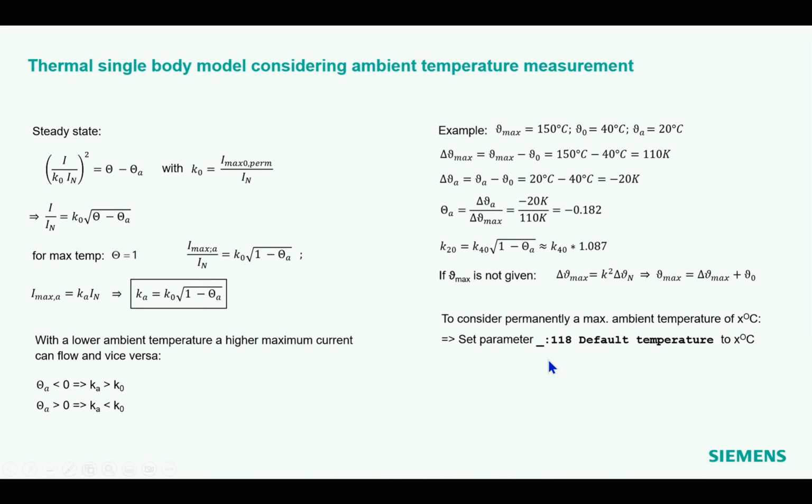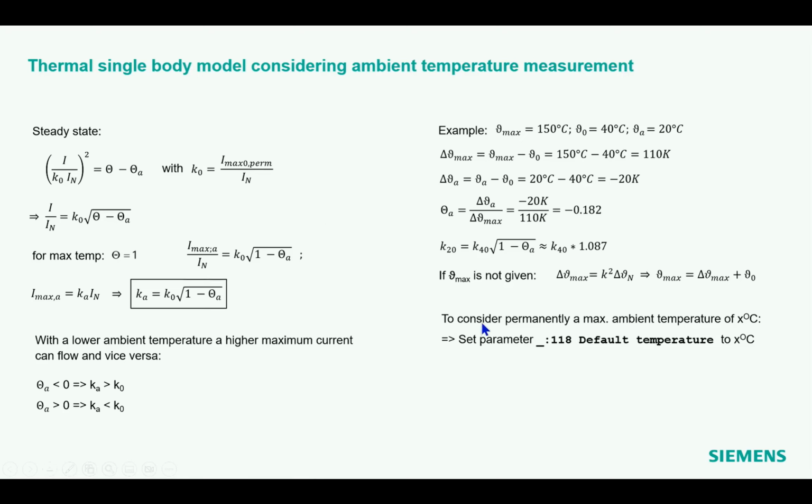And so you can leave the original K factor. The other possibility is to recalculate the K factor as we did here and set here 40 degrees, which is then a little bit illogical because in reality you have 20 degrees. But basically, you keep the reference temperature and recalculate the K factor. But I would not recommend that.